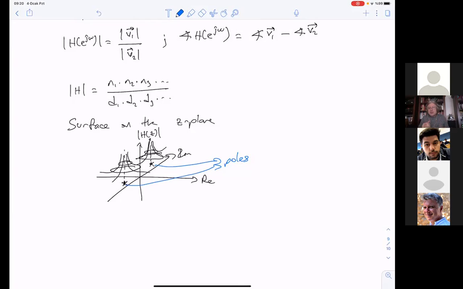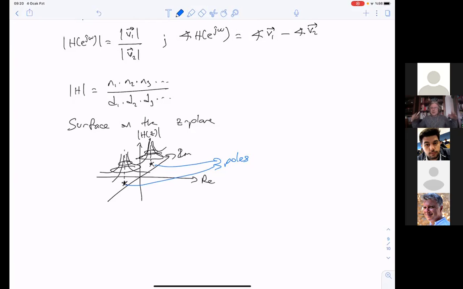But for the magnitude of h of e to the j omega, for the discrete time case, it's the same cake, kind of, but we cut circularly and take a look at the profile, the two-dimensional extension of the circular cut of the cake. We fold it open from minus pi to pi.